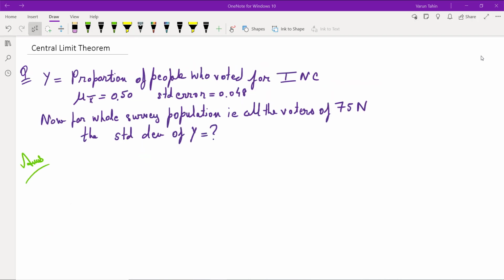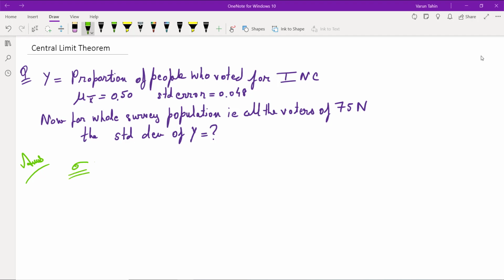Now similarly, let's say that you made a sampling distribution of Y as the proportion of people that voted for INC, and the mean of this sampling distribution is given as 0.50, and the standard error is also given as 0.048. Now for the whole survey population, that is all the voters in ward 75N, we have to calculate the standard deviation of Y. Population standard deviation is measured by sigma.